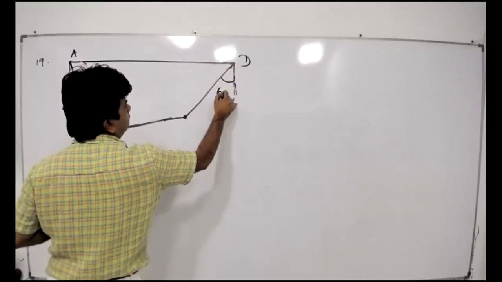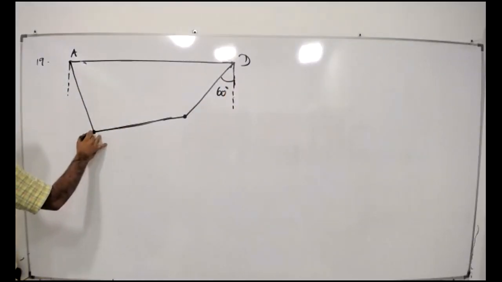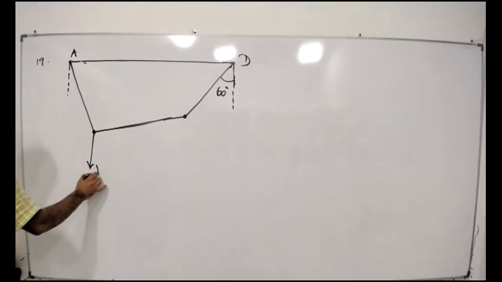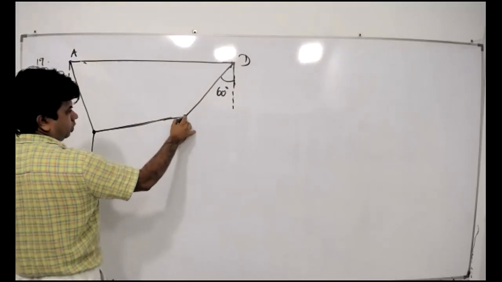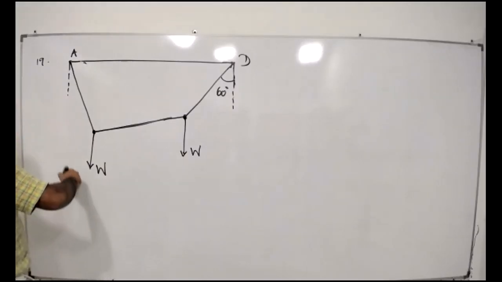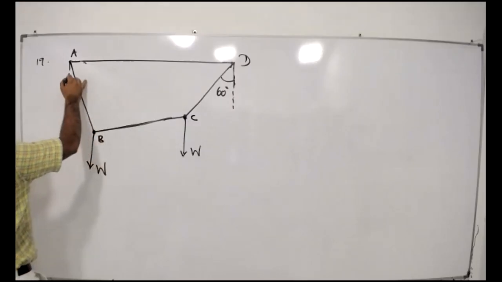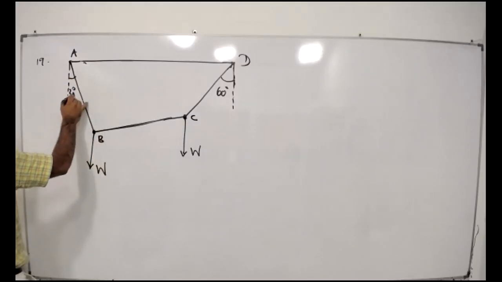So this angle is 60 degrees, clear? And here the weight is W, and here the weight also W. Here B and here C. This angle 30 degrees, right?